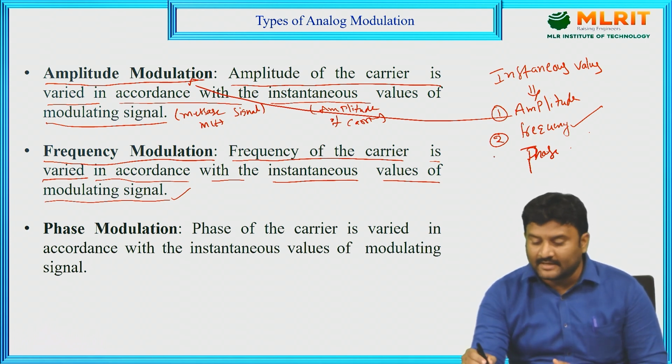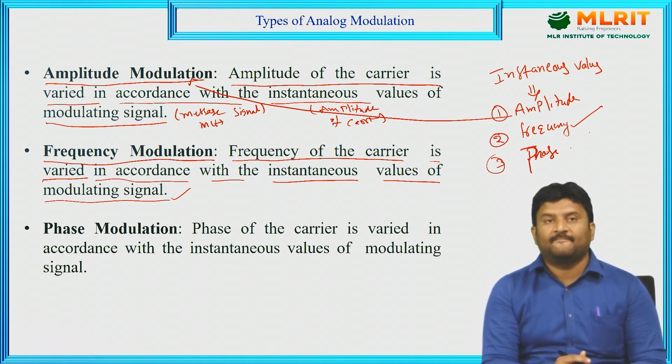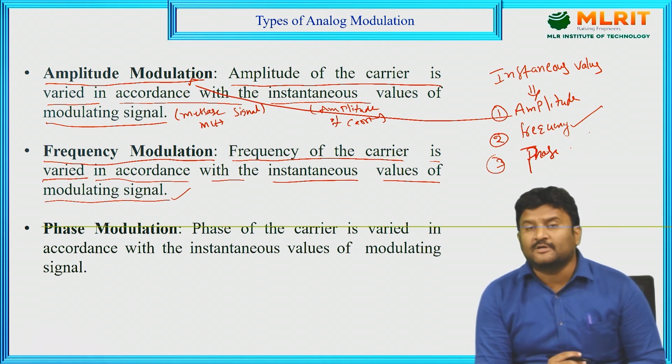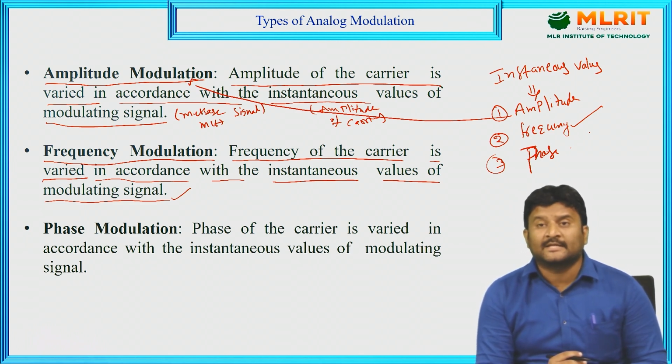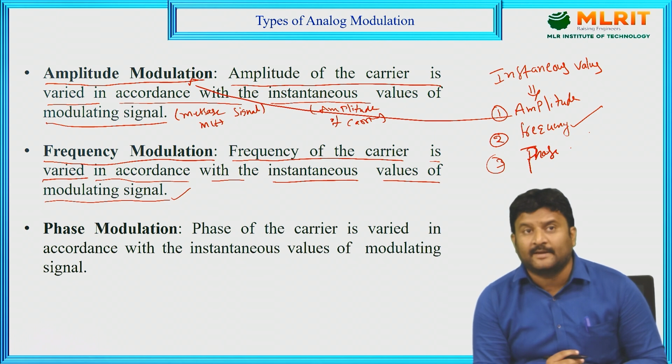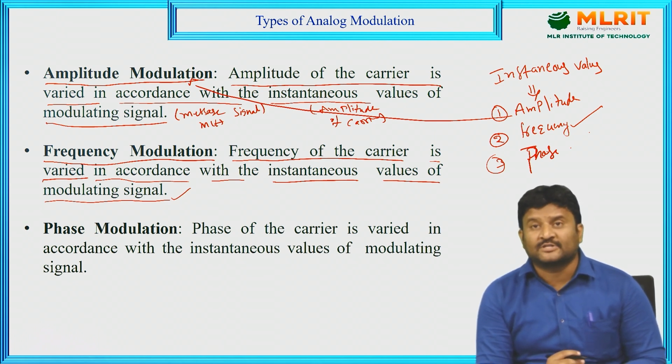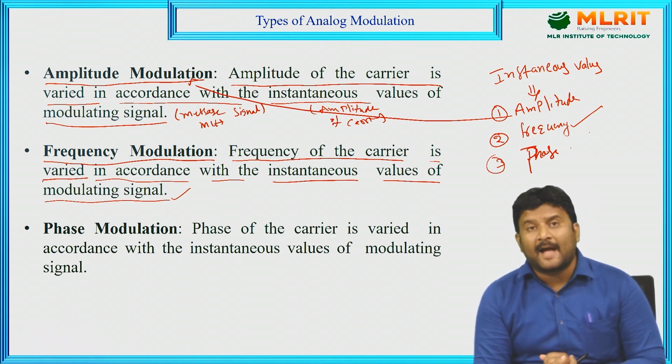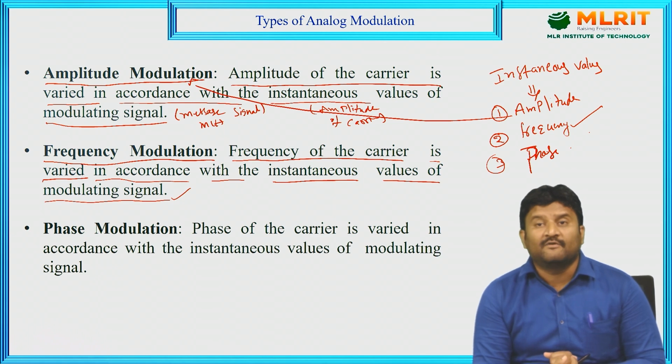And the third one is phase modulation. Frequency modulation is also under the continuous wave modulation scheme. The next one is phase modulation. Just replace the word amplitude or frequency with phase.